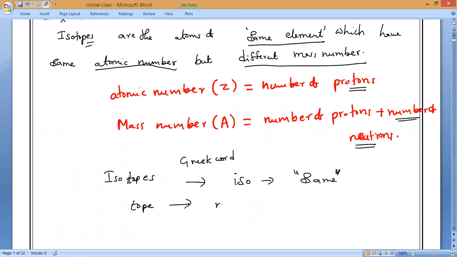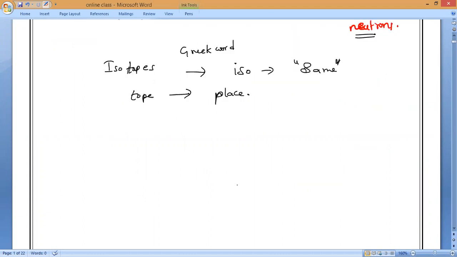Tope means place, like we can say same place. That is the meaning. All isotopes have the same place in the periodic table. That is the meaning of isotopes. Are you clear? Iso means same, tope means place.